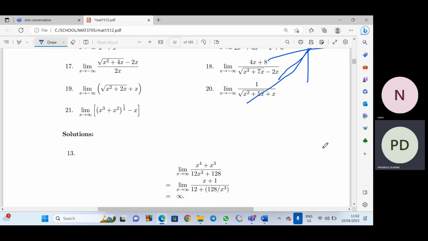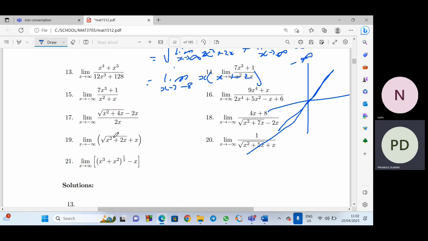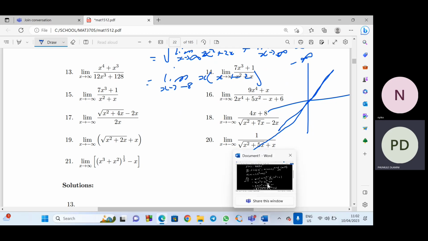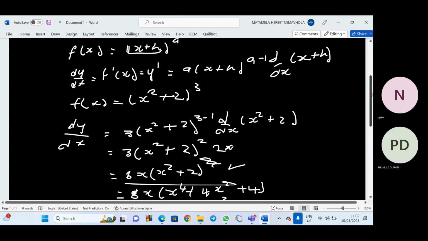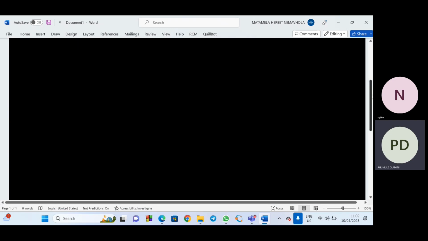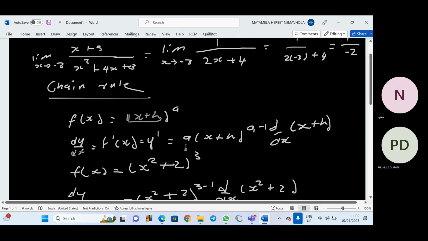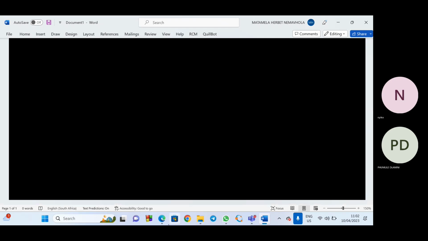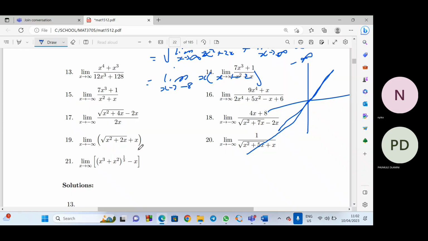So when we use that method, let me just write this one on the board so that I can write properly. The square root of x squared plus 2x plus x.